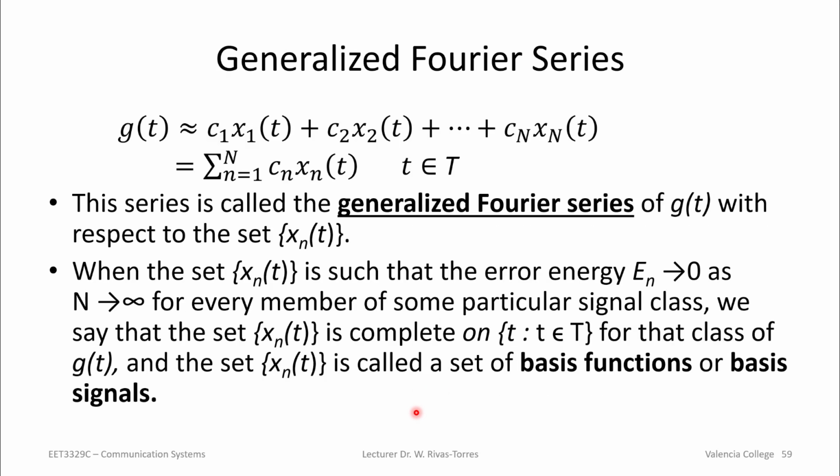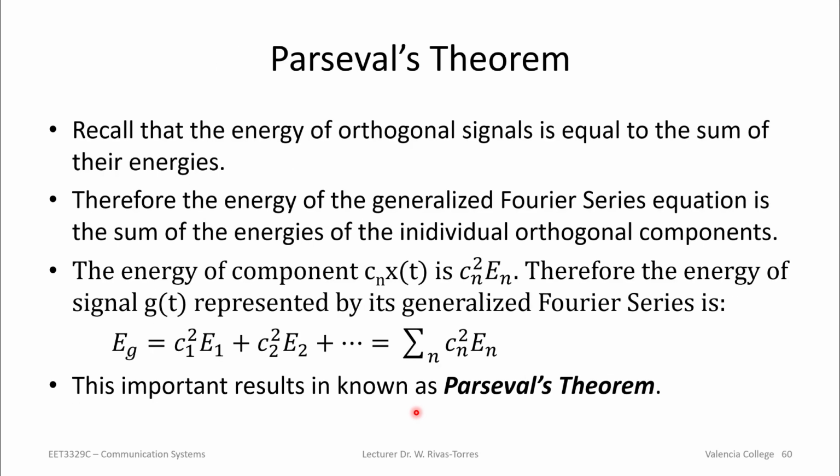All right. Now, let's talk a little bit about Parseval's theorem. Recall I mentioned earlier that if the signals are orthogonal and you add them up, you can also add their energies, right? Therefore, the energy of a generalized Fourier series is the sum of the energies of the individual orthogonal components, right?